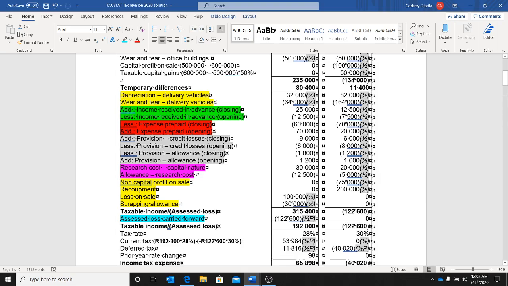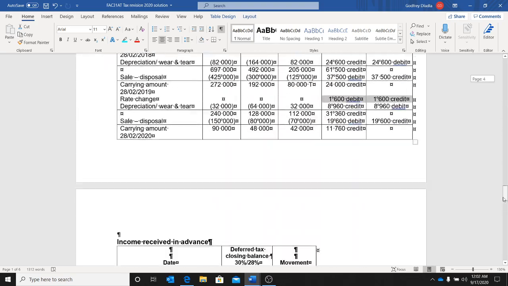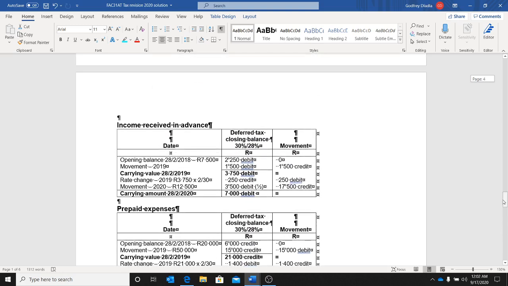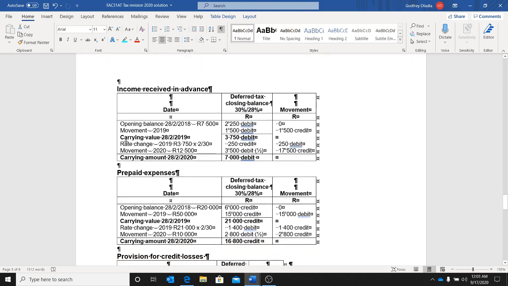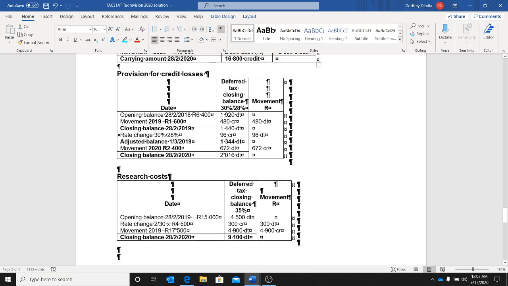So that is the reason why, when you go here, you will see that for income received in advance, for example, there's a rate change here. For prepaid expense, there's a rate change here. And then provision, there's a rate change here, and research, there's a rate change here.